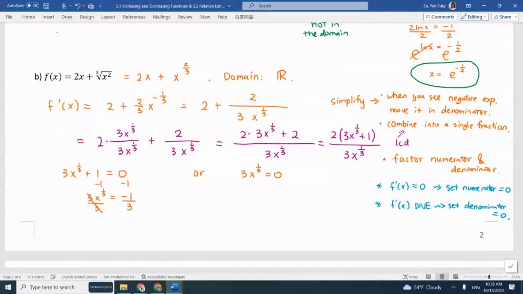So you get x to the 1/3 equals -1/3. Then what do we do? Cube, right? You want to get rid of the cube roots, then you raise both sides to the power of 3. Is that okay, everybody?